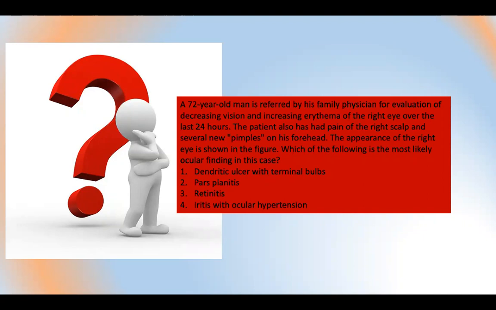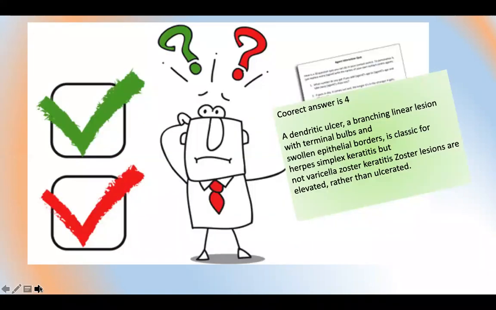It is probably iritis with ocular hypertension, the most likely ocular finding in this case, ma'am. Yeah, perfect. This could be a case of HZO, herpes zoster ophthalmicus. Because this patient has herpes zoster, he can present with trabeculitis and iritis.